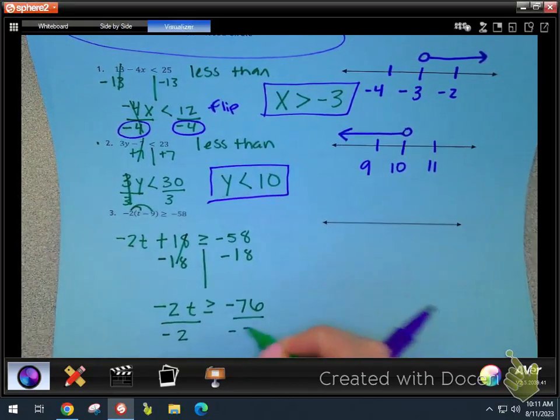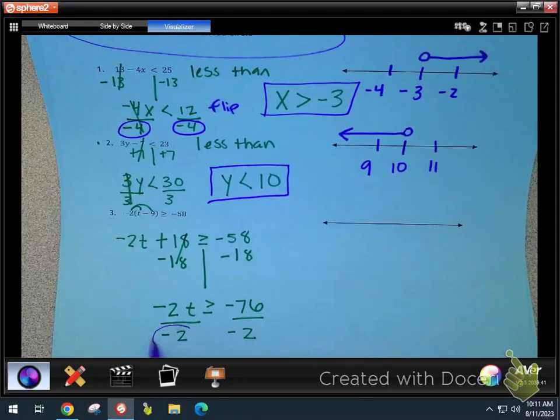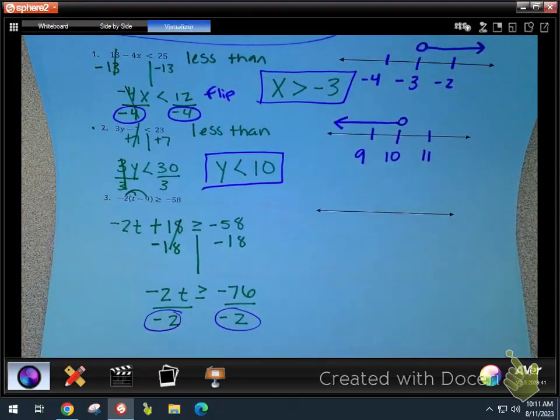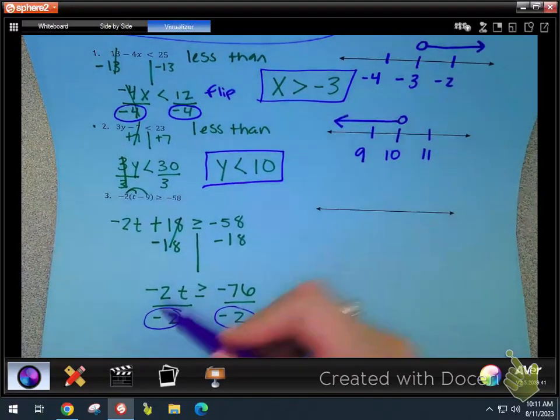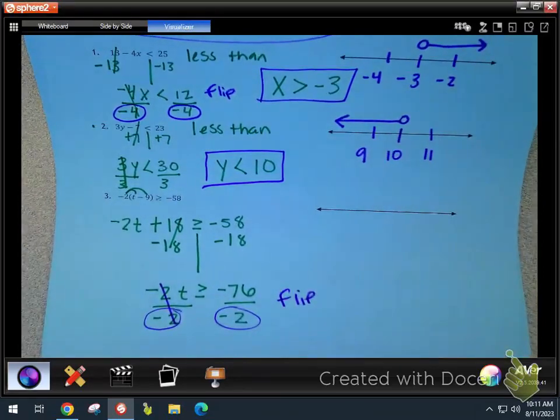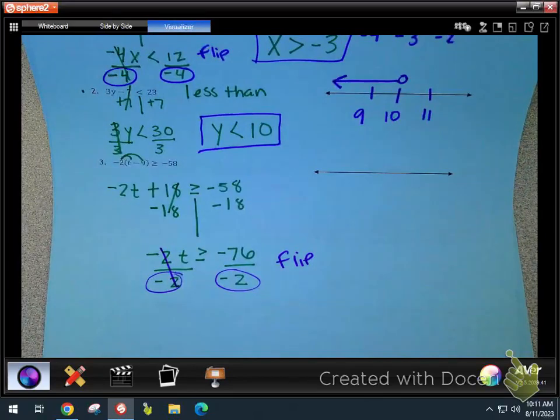Negative. All right here. What am I dividing by? Negative. And make sure when you do this last step of dividing, did I write a t down here? No, you're just dividing by the number. So this is a negative. I always write a little flip to the side, so it reminds me when I get my solution.